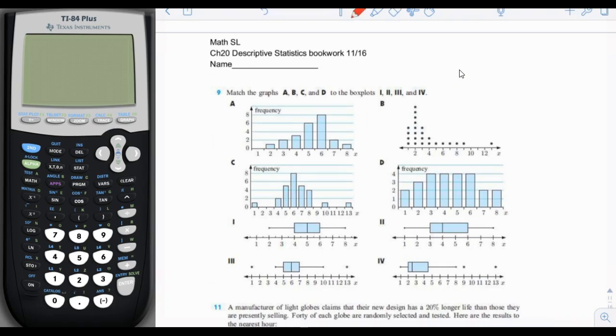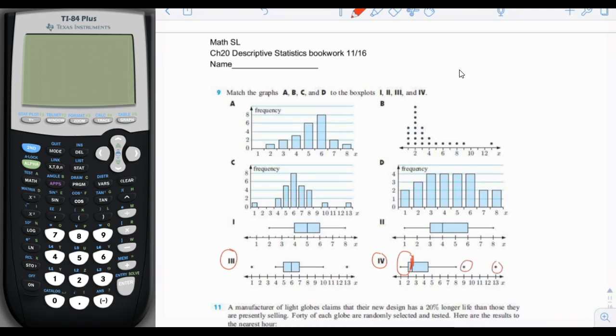I think it's a little easier to look at the box plots first, and especially the weird looking box plots, which would be these two. I think these are the easiest to match. If you look at this last one, you can see that this box plot has 50% of the population smashed up into the left side, plus it's got two outliers here.